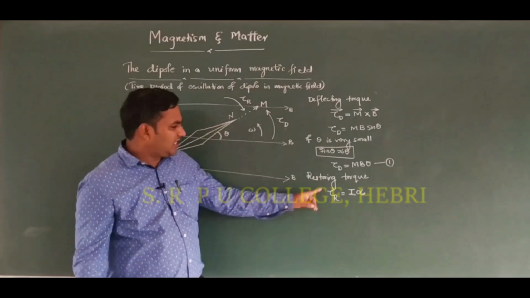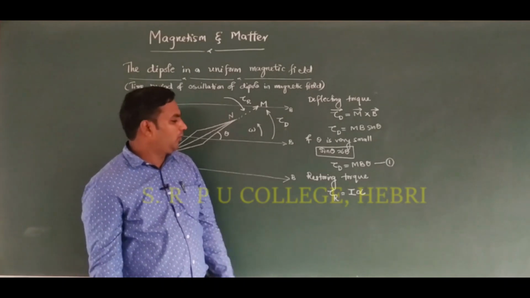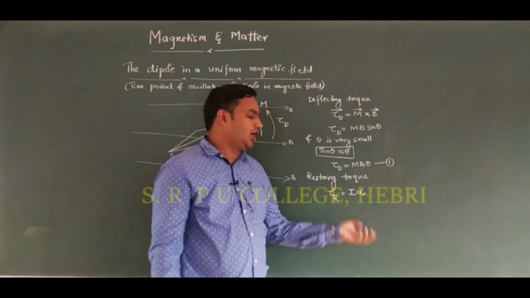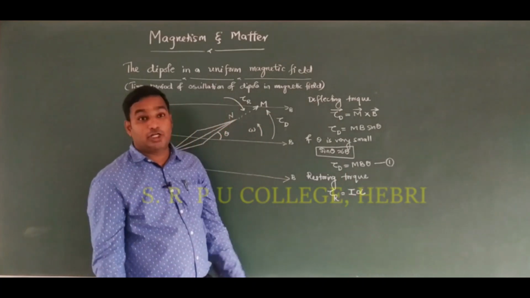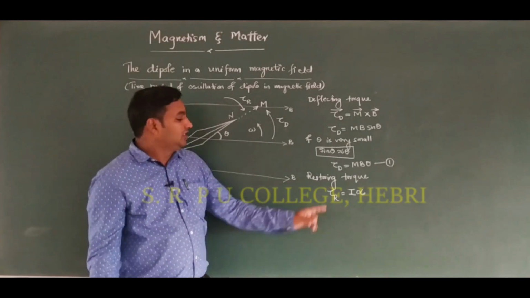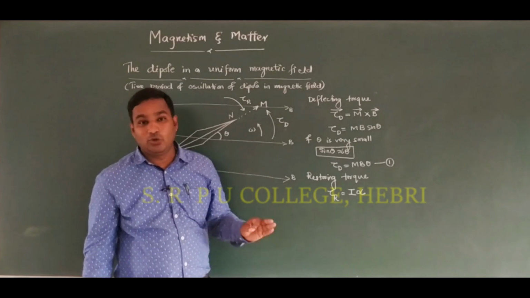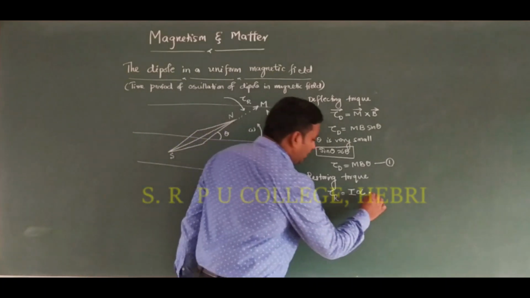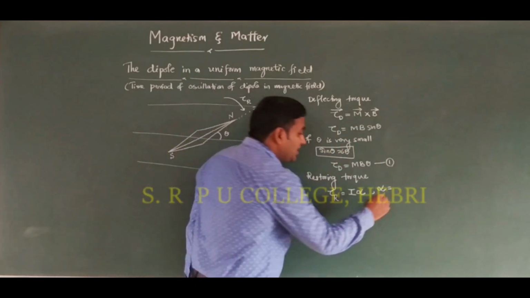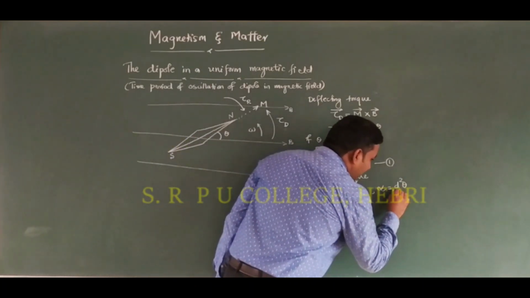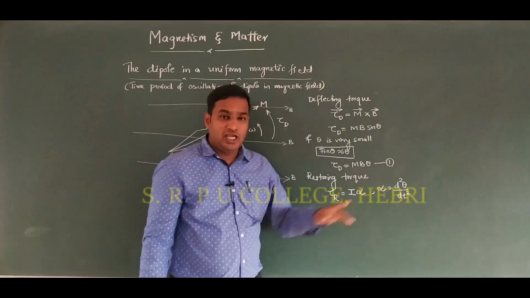Dear student, the same equation you learned in first year itself, a relationship between torque and moment of inertia, torque and angular acceleration, where the restoring torque, which opposes the deflecting torque, is equal to I into alpha. Here I assume the formula for alpha is d square theta divided by dt square.